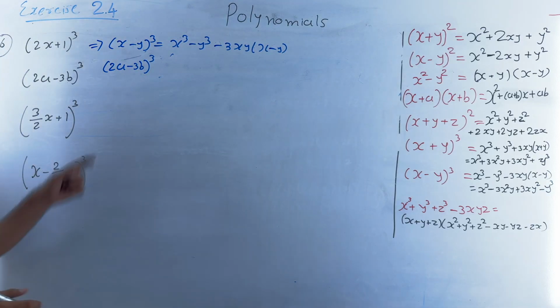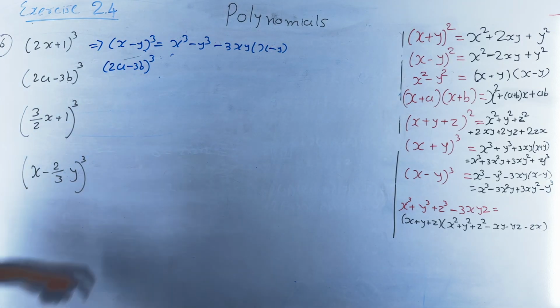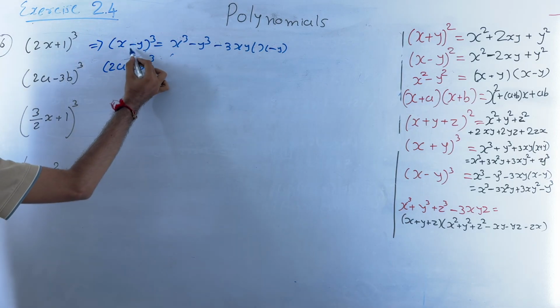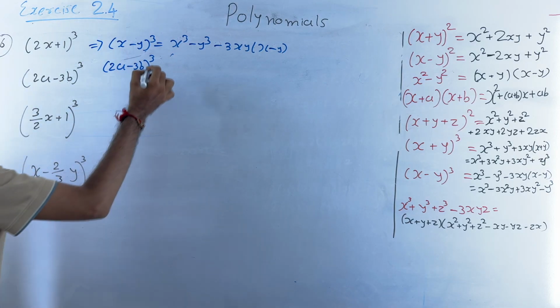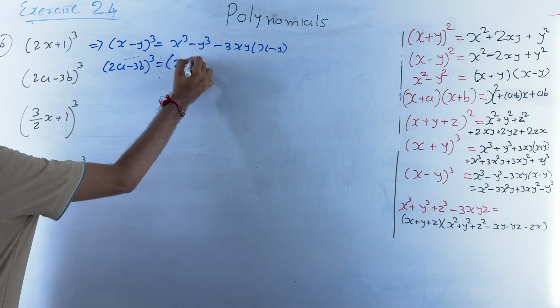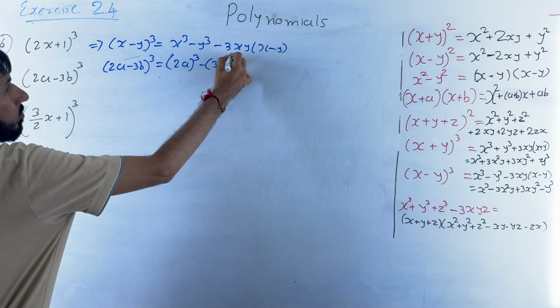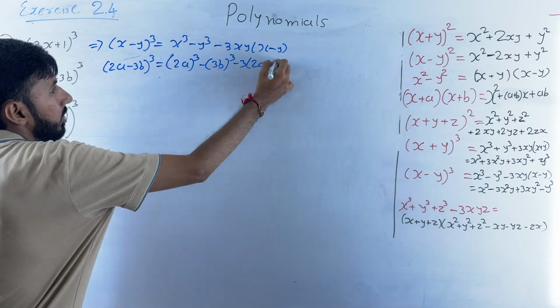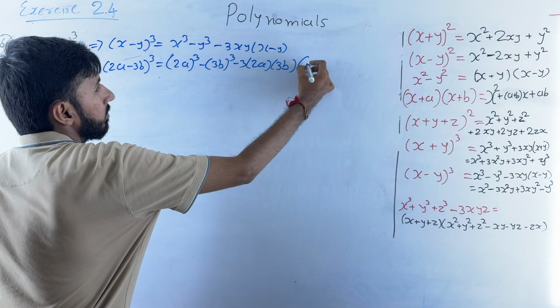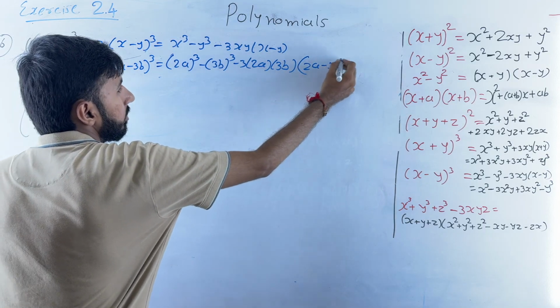By comparing (x − y)³ with this, my x is equal to 2a and y is equal to only 3b, because I have the minus sign here.